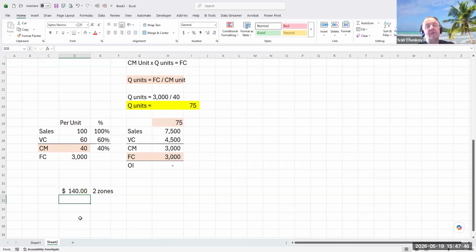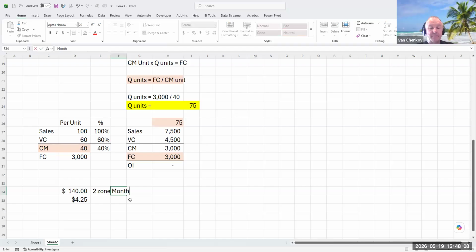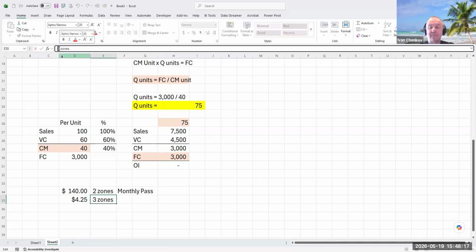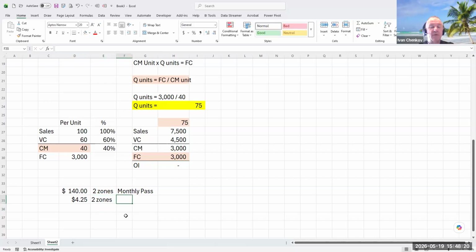And you already know that a single trip for two zones is, I believe, 4 point something, let's say $4.25 for two zones. This is the two zone monthly pass. And here you have two zones again, but single ticket.